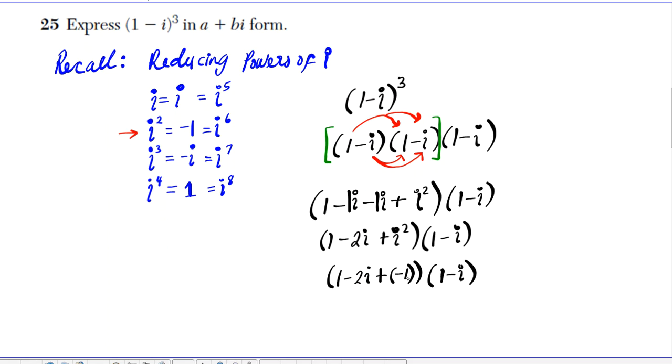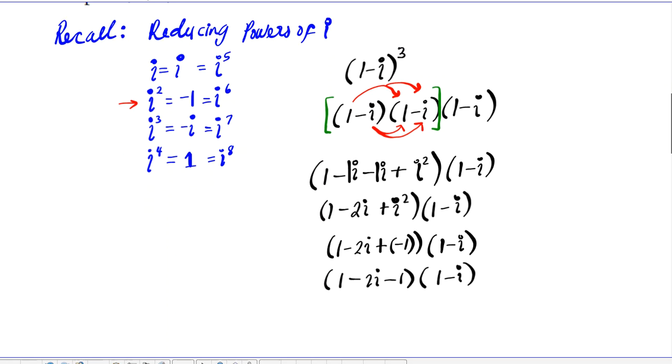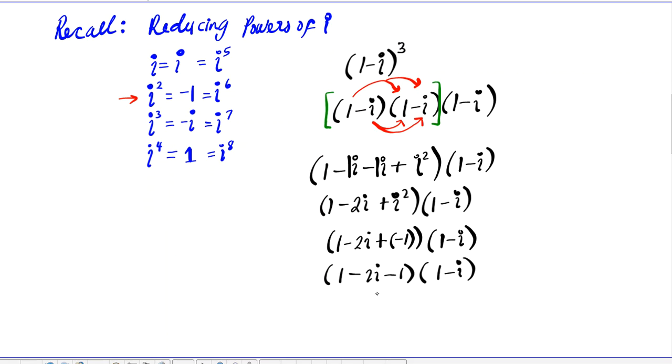Let's go ahead and simplify that. We have 1 minus 2i minus 1 times 1 minus i. Now, 1 minus 1 is just 0, so we're going to have negative 2i multiplied by 1 minus i.